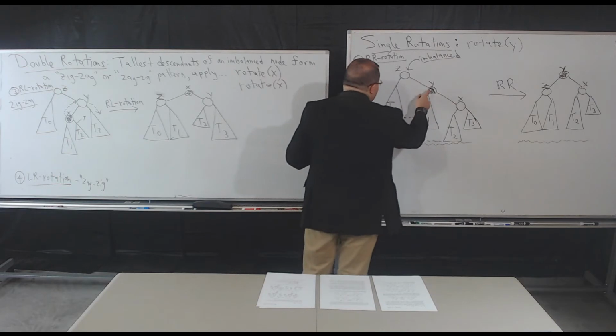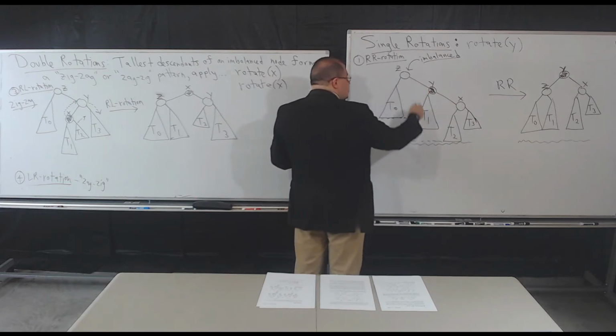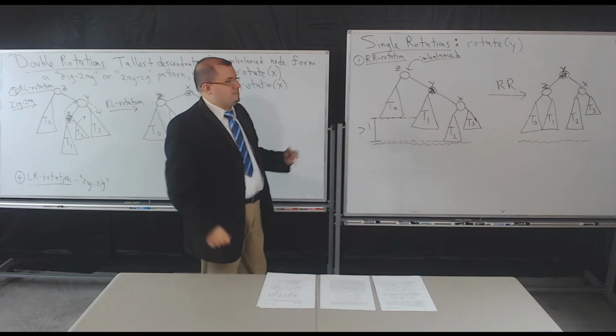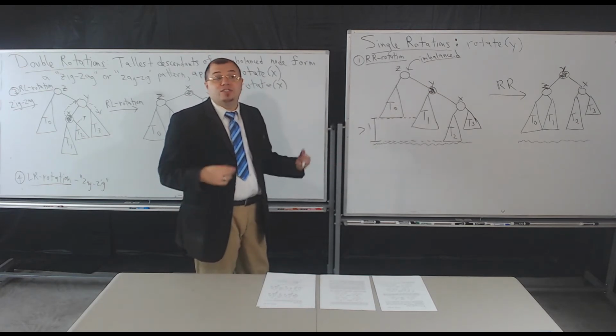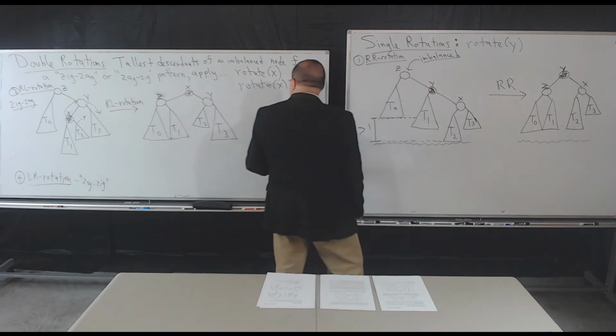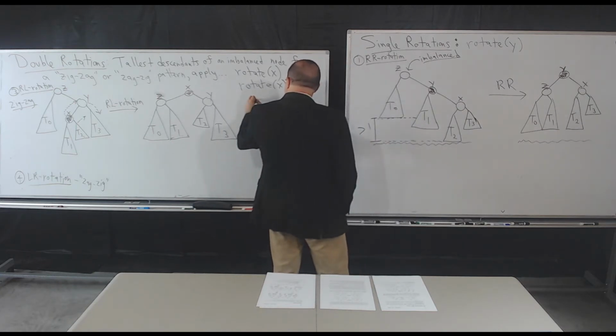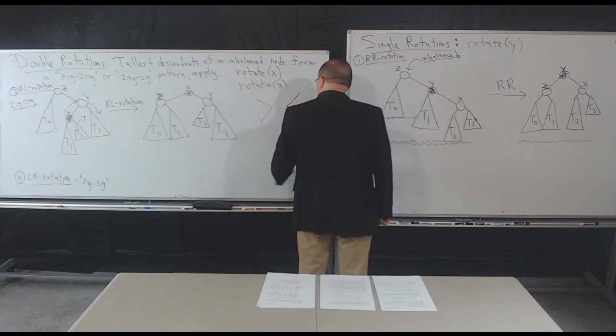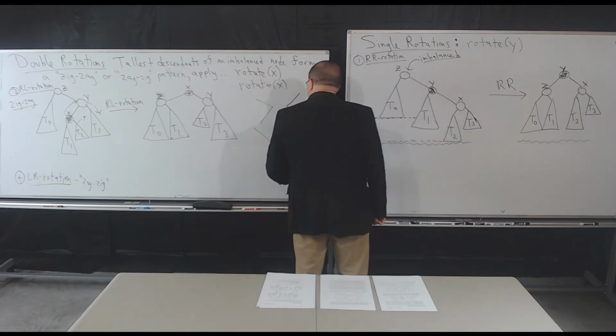So if it has the larger height, then you're going to check its child. And you're going to say, hey, which of my two children is the taller one? So how do you determine which case to use? It's determined by the pattern through which you go through the determined Z, Y, and X.